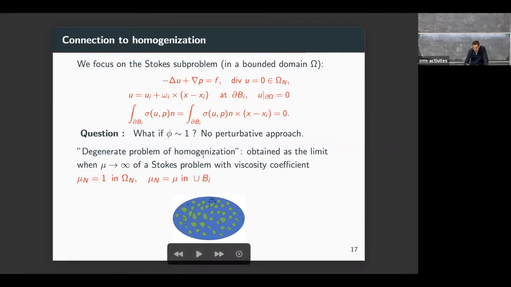It's a degenerate problem of homogenization, in the sense that you can show that this model is obtained as a limit of a Stokes problem where you have two viscosities, one outside the particles and a viscosity mu that will tend to infinity inside the particles. So this problem is really a degenerate problem of homogenization with infinite viscosity in the inclusions. You can try to analyze this degenerate problem of homogenization to have an effective model.